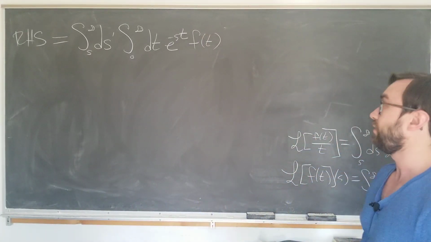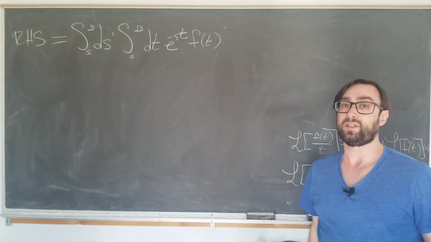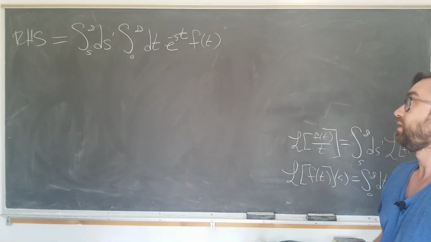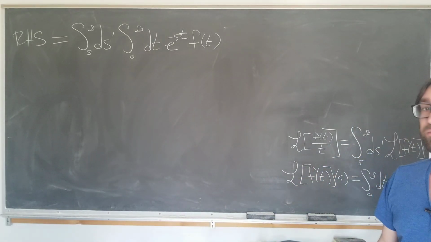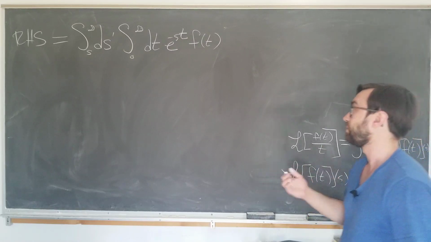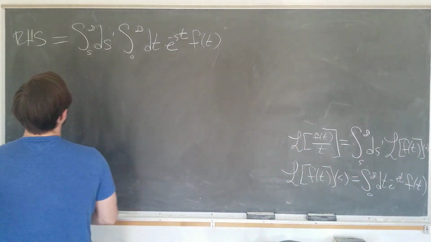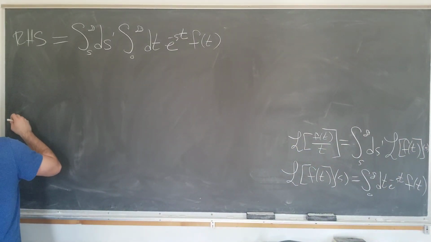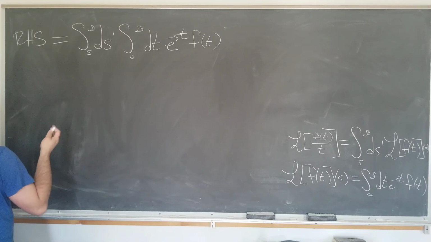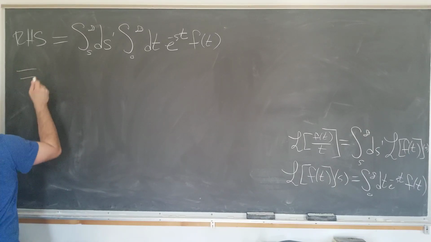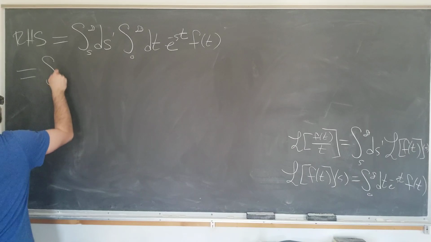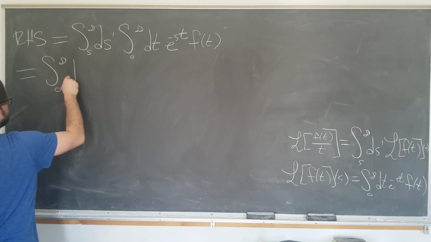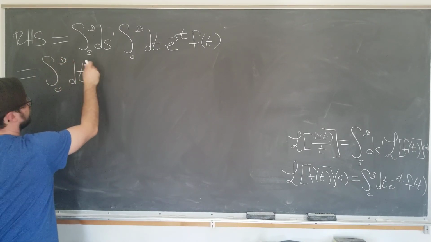Basically, at this point, the only thing that anyone could conceivably think of doing is reversing the order of integration, which proves to be successful. So let's go ahead and do that. This is equal to, gets a bit tricky, doesn't it? We're going to integrate with respect to time first, 0 to infinity.